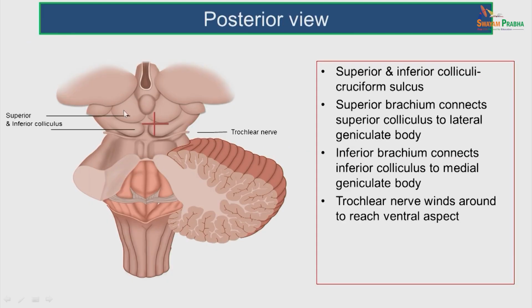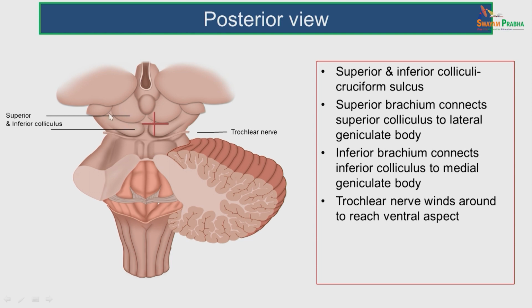When you see the posterior aspect, you can see two pairs of elevations, the superior colliculus and inferior colliculus, separated by a cruciform sulcus.